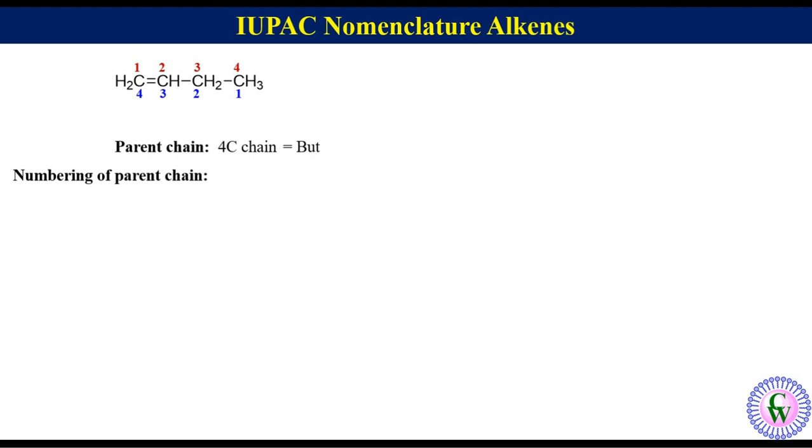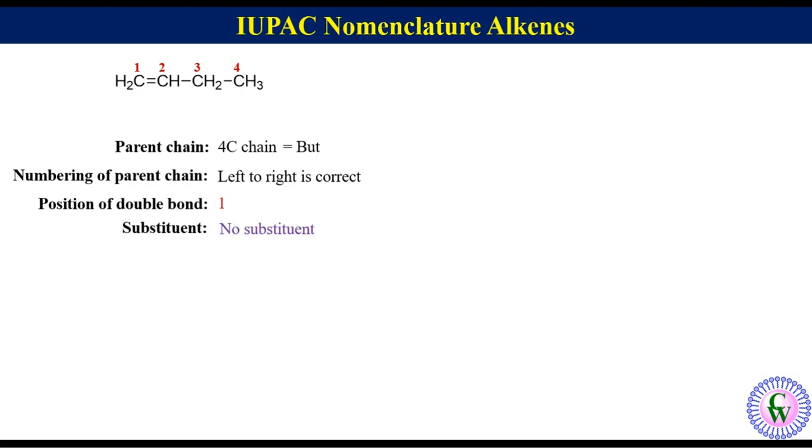Since left to right numbering gives the lower number to the alkene, left to right numbering is the correct numbering. Position of double bond: it is 1. Substituent: there is no substituent. Configuration: there is no stereochemistry.